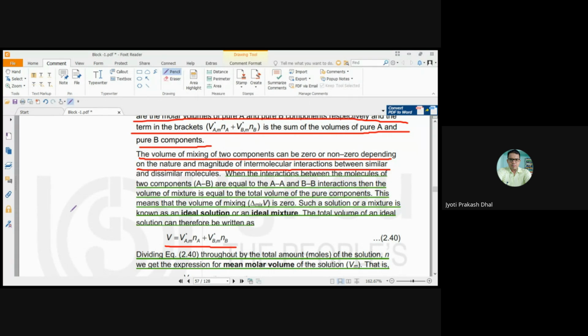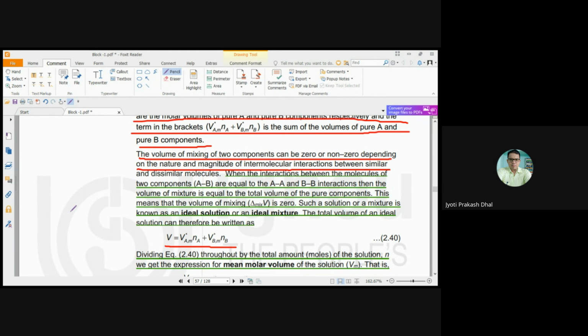But if the interaction of AB is greater than the individual interaction of A and of B, then more interaction will be there in the solution, and the volume of the solution will become less than 200 ml. Similarly, if the interaction of AB is less than the individual interaction of A and also less than that of B, then the volume of the solution will be greater than 200 ml.